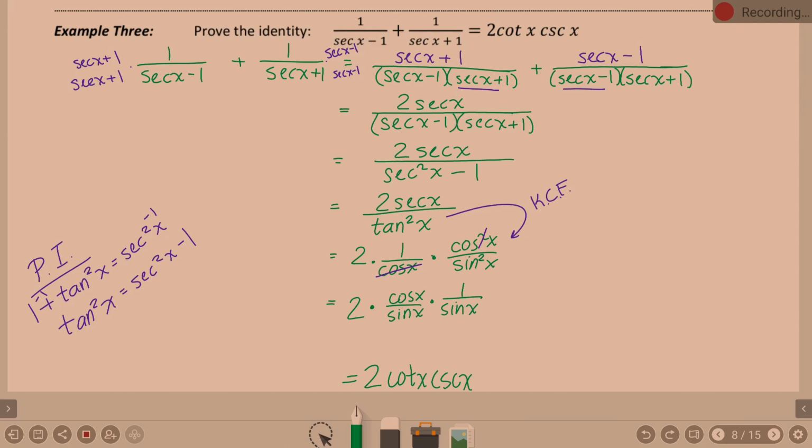I took my cosine over sine squared and I split it. I made it cosine x over sine x and I made it 1 over sine x. Does that work? 2 is 2. What's cosine over sine? It's cotangent. What's 1 over sine? Cosecant. Did we make it?